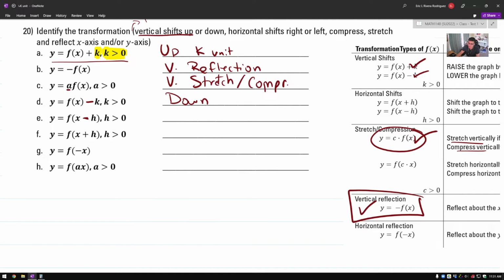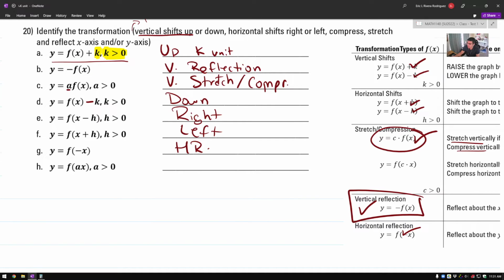Here in the input group, minus h is we go right. Okay. So that is that one. Plus h in the input group, we go left. That is that one. Horizontal reflection. So that is that one.